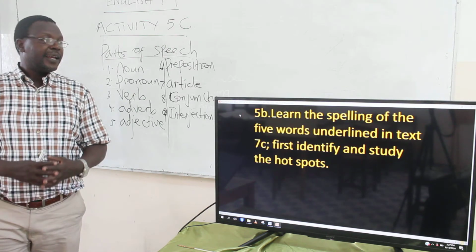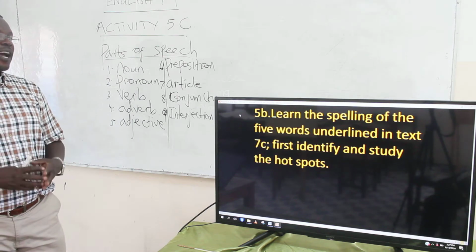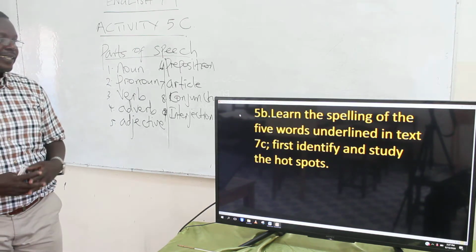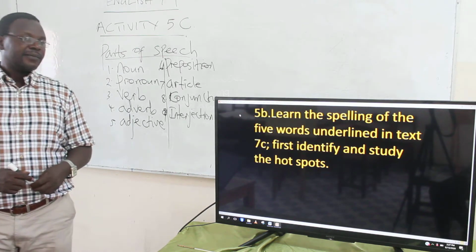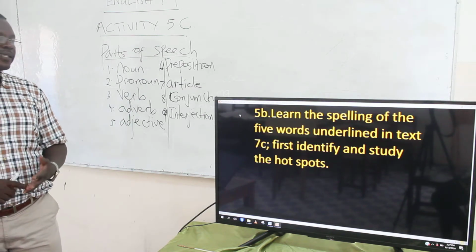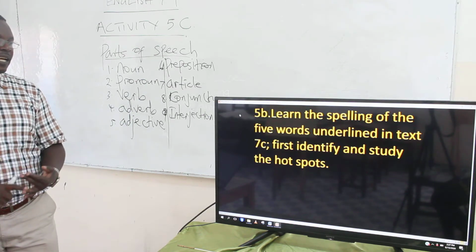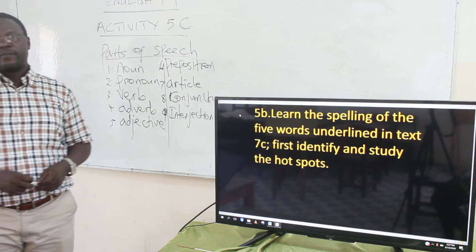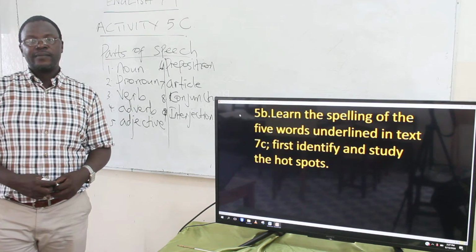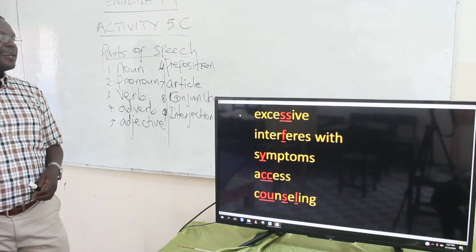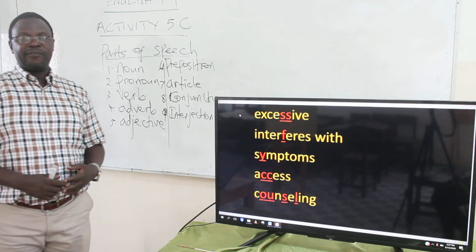Now B, learn the spelling of the 5 words underlined in the text. Text 7C. First, identify and study the hotspots. So we are back there. Excessive.